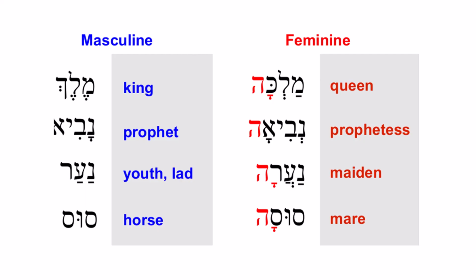Under the masculine you have the word navi. Navi means prophet. On the feminine, you have the word nevi'ah. Nevi'ah means prophetess. Masculine, you have the word na'ar. Na'ar means youth, it means lad. On the feminine, you have the word na'ara. Na'ara means maiden.